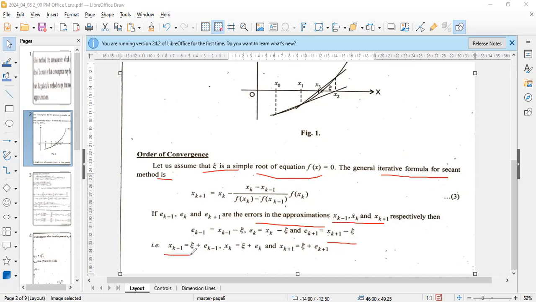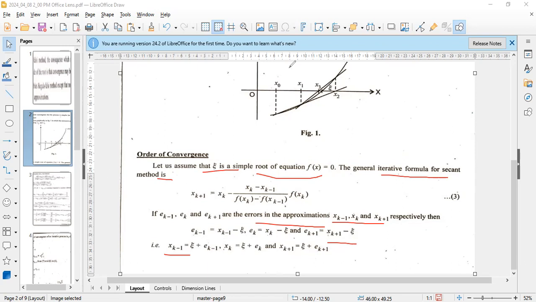That is, x(k-1) = epsilon + e(k-1), xk = epsilon + ek, and x(k+1) = epsilon + e(k+1).